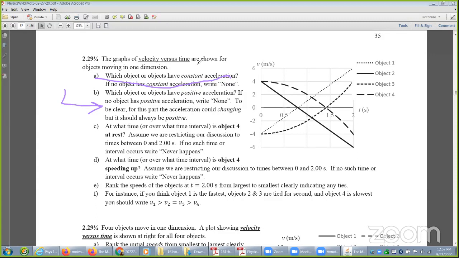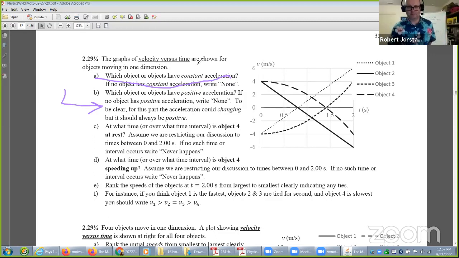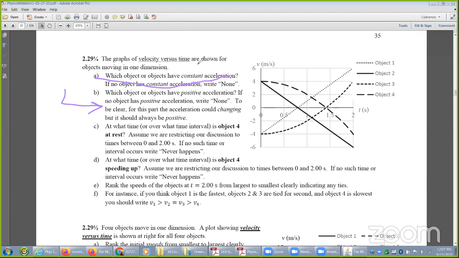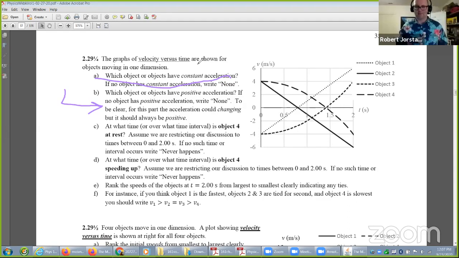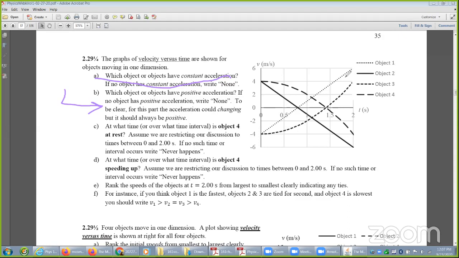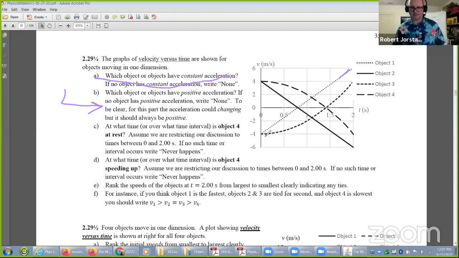What does positive acceleration mean on a VT? It'd be the positive slope, right? Okay, do any of these have positive slope? It'd be objects 1 and 3. Yes, this is a positive slope. It's getting bigger, but it's still positive at all times. So I agree, 1 and 3. Nice.